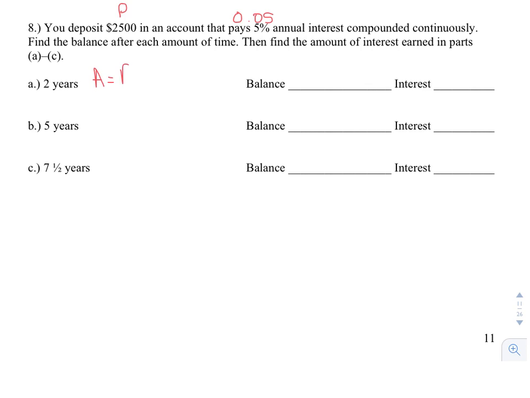So A equals PERT. Our principal was $2,500 times e to the 0.05 times 2 for 2 years. So A equals 2,500 times e to the 0.1.